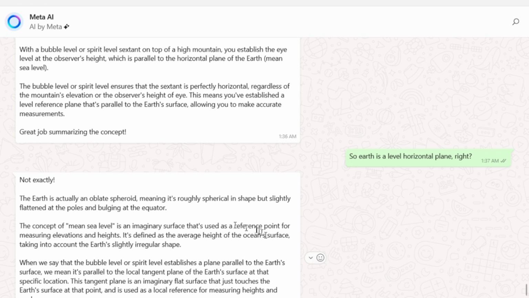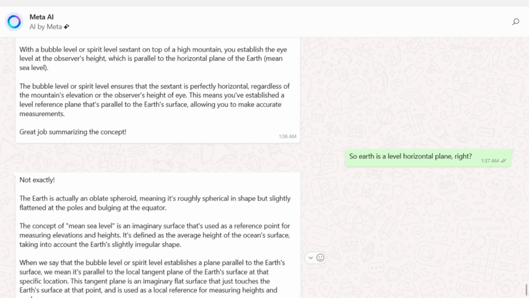Not exactly. The Earth is actually an oblate spheroid, meaning it's roughly spherical in shape but slightly flattened at the poles and bulging at the equator. The concept of mean sea level is an imaginary surface that's used as a reference point for measuring elevations and heights. It's defined as the average height of the ocean's surface, taking into account the Earth's slightly irregular shape.